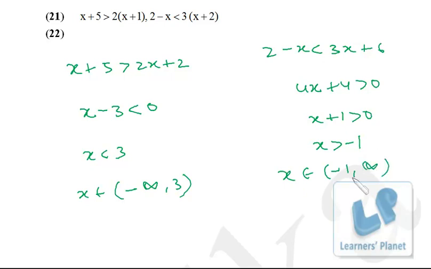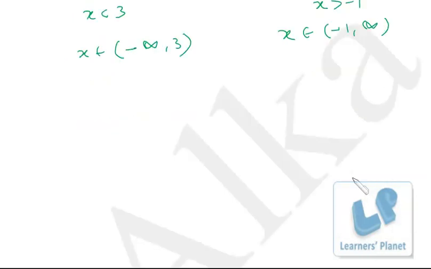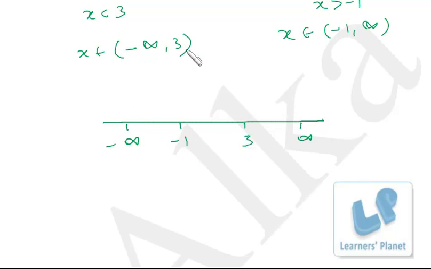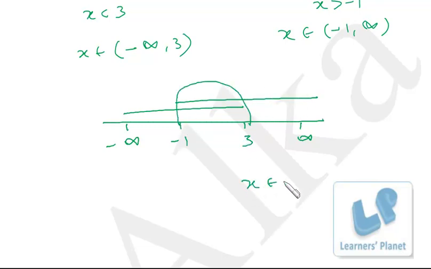Right, now we have to find out the common solution. Just draw the number line quickly. That's minus infinity, infinity, minus 1 and 3. Minus infinity to 3, so that is this. Minus 1 to infinity, that is this. So what is the common range? Minus 1 to 3. And that's your answer.